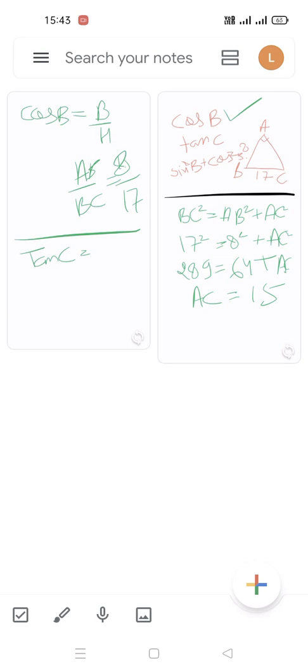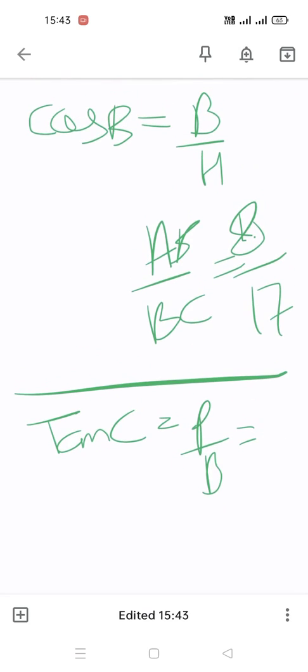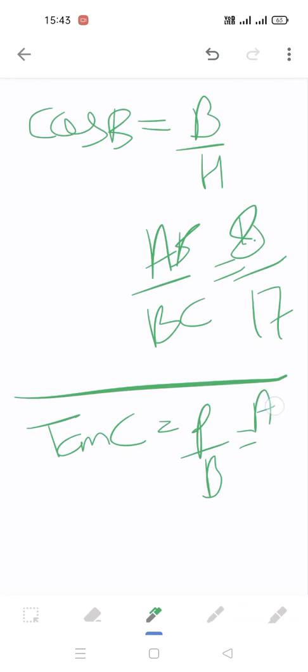Perpendicular is AB, so AB by BC, that is 8 by 17. So this is your cos B and tan C. Cos B is 8 upon 17 and tan C is also 8 upon 17.